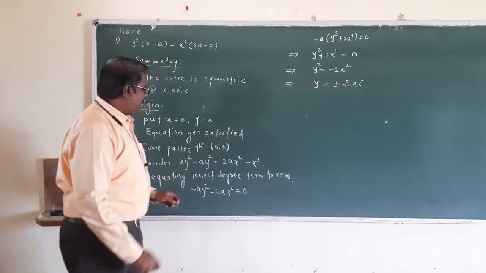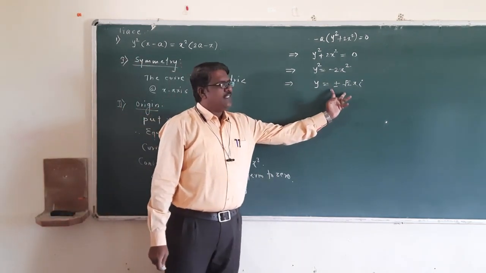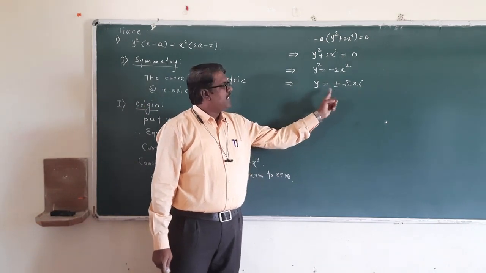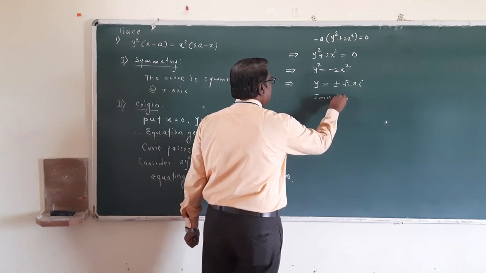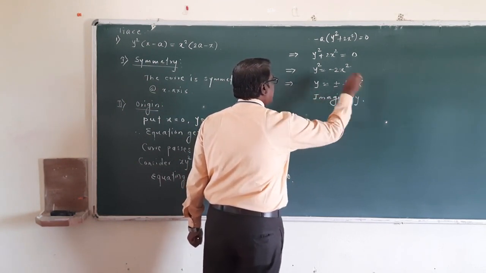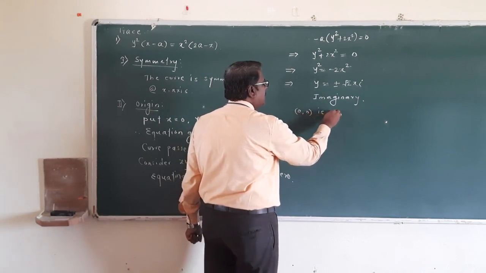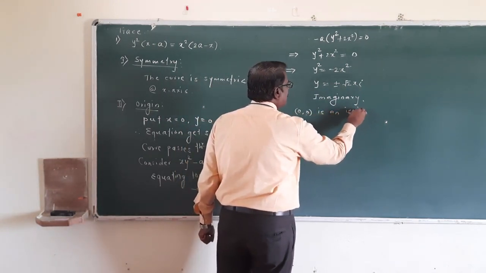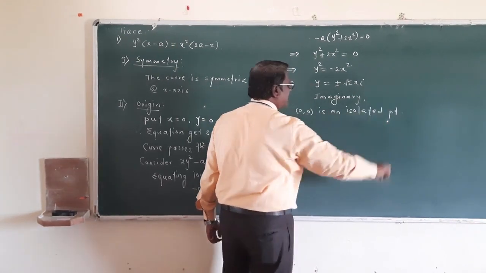Okay. So here equation of tangent at origin. So these are the tangents at origin, and these tangents are imaginary, and therefore origin is an isolated point.